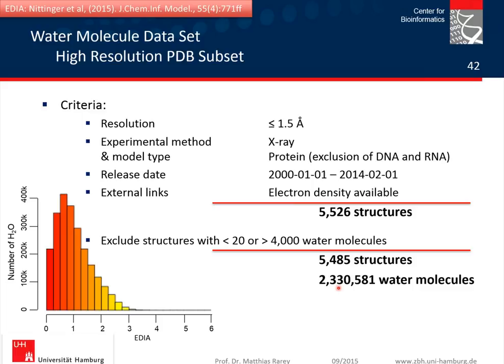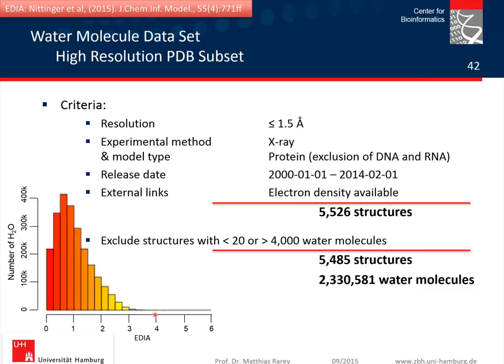Now we can automatically check with this EDIA score for each of these 2.3 million water molecules whether there's experimental support and how strong this experimental support actually is. These are the EDIA values you can see here, and here are the numbers of water molecules in this set of 2.3 million values.